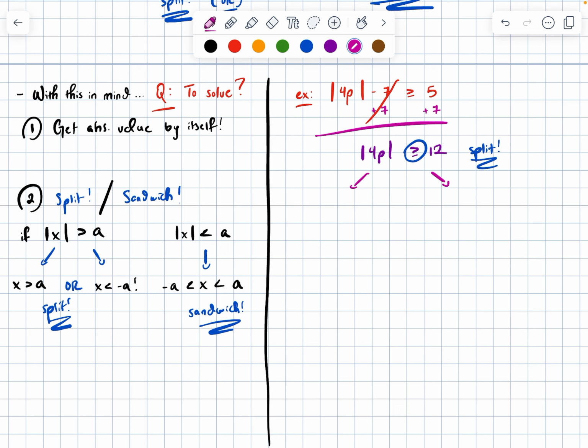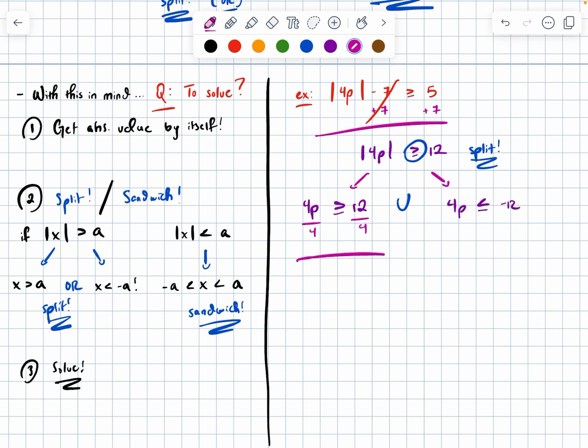So by breaking this down into my two cases, either the stuff inside the absolute value needs to be to the right or equal to the positive 12, or it needs to be to the left or equal to the negative 12. And from here, all I've got to do to bring it home is solve for my variable. On the left, I've got 4p is greater than or equal to 12.